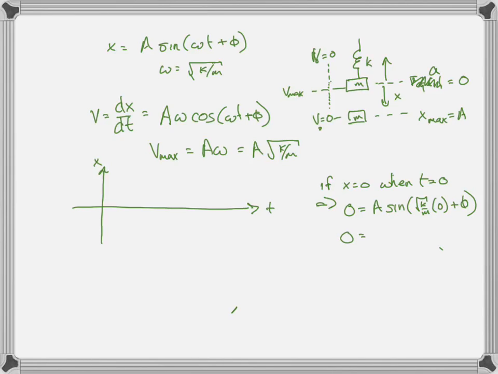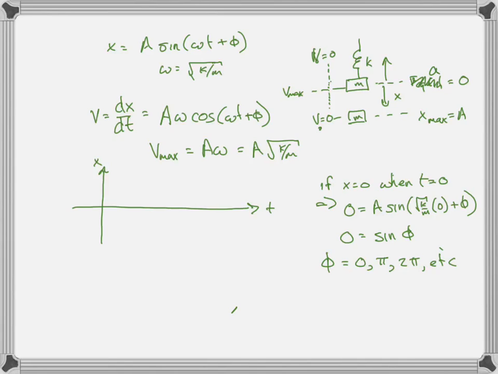So 0 equals sine phi, and when does sine phi equal 0? Well, that occurs at phi equals 0 degrees. It also occurs at phi equals pi, at phi equals 2 pi, etc., and we can use any of those because it's repeating motion.